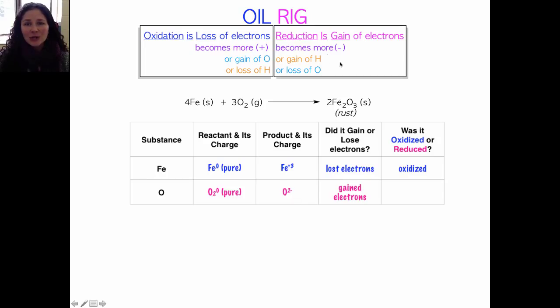It fits into this category where it is reducing, or it has gained electrons. Whenever you're following inorganic reactions, you're going to use charge to determine which thing is oxidized and which thing is reduced.